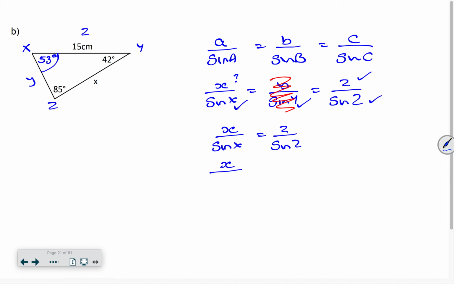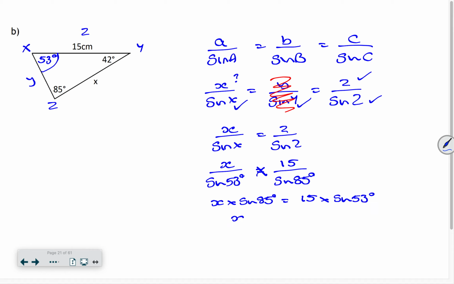So we have x over sine 53 is equal to 15 over sine 85. Let's cross multiply. That'll be x times sine 85 is equal to 15 times sine 53. So x is going to be 15 times sine 53, all divided by sine 85.